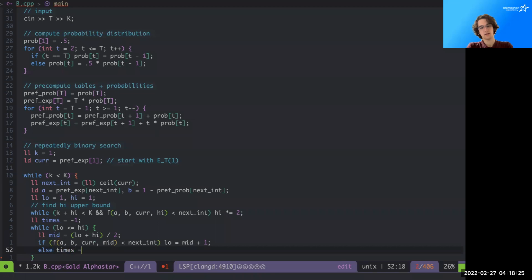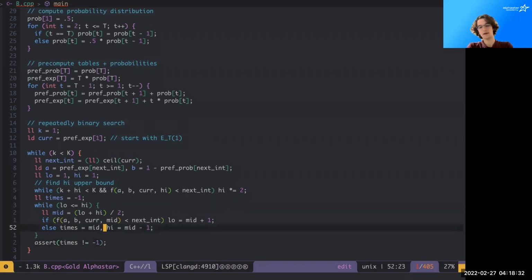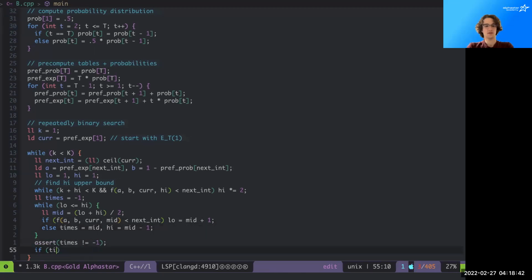Else times equals high. At a certain time, we should have found one that actually works. If we didn't, then this binary search. Okay. Times plus K is greater than K times K minus K.